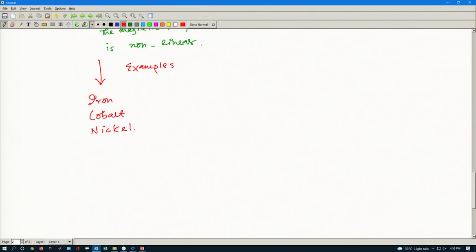These are a few examples of ferromagnetic material, and they exhibit a much higher degree of magnetization.